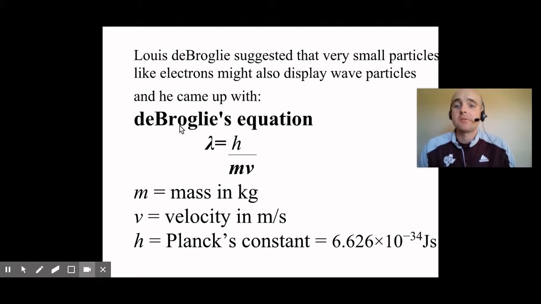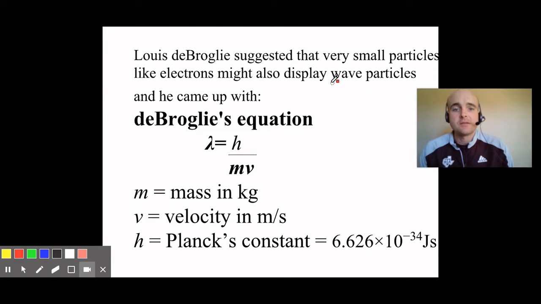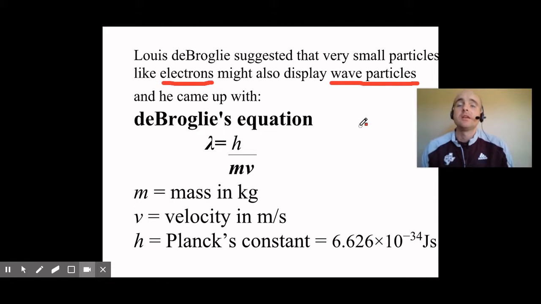He finds that not only does light behave like a wave, but all matter, even electrons, behaves like a wave. That's really crazy, because if electrons can be waves, that means everything is a wave. All matter, even you, even a baseball, even a ping pong ball, has wave-like properties.